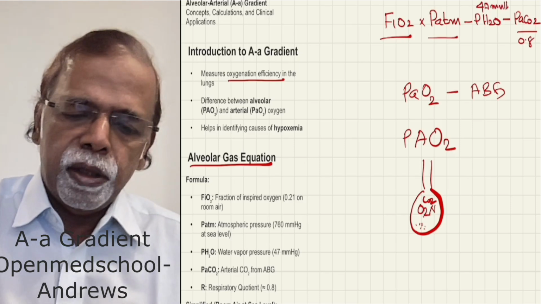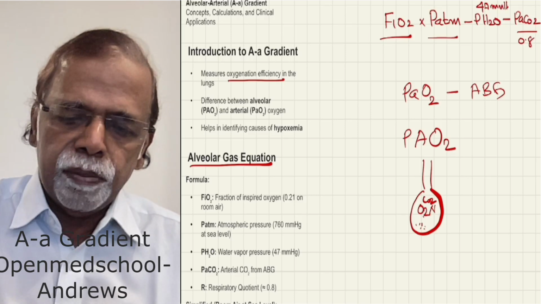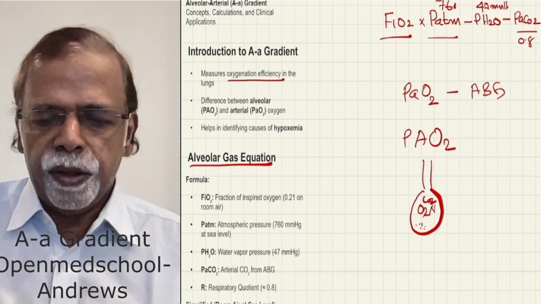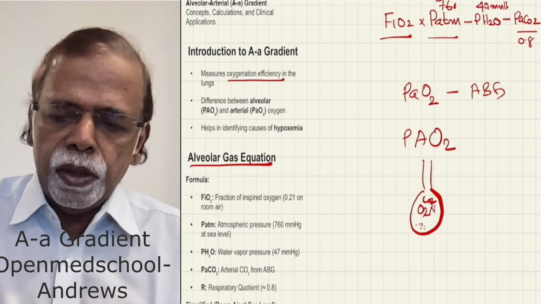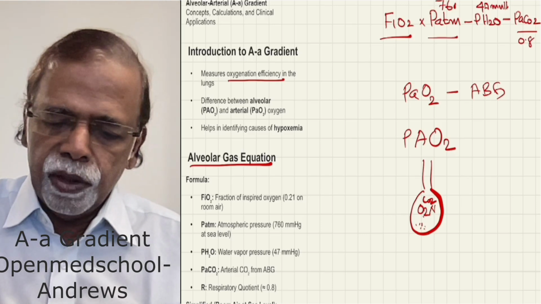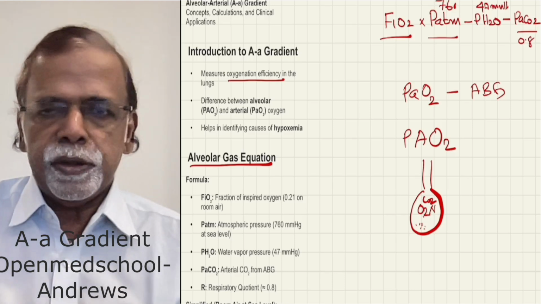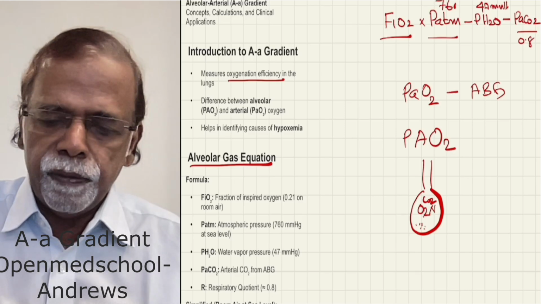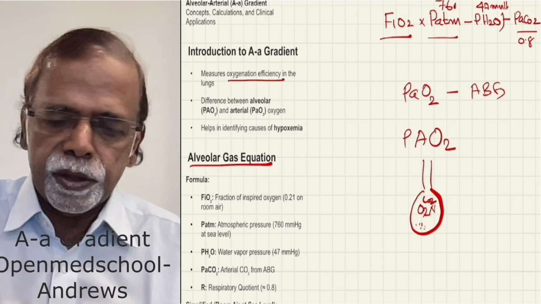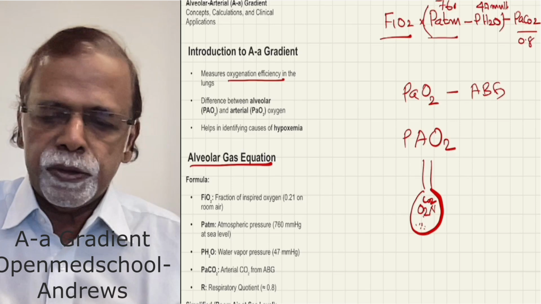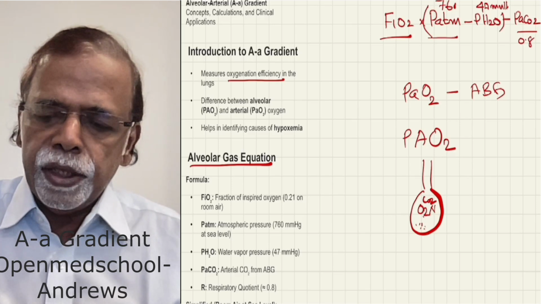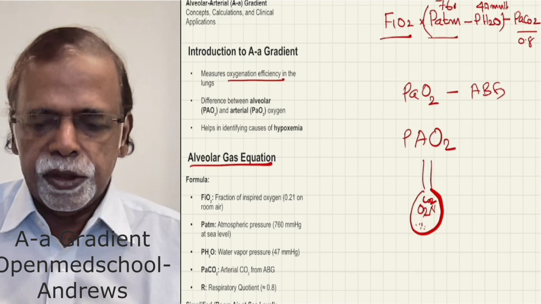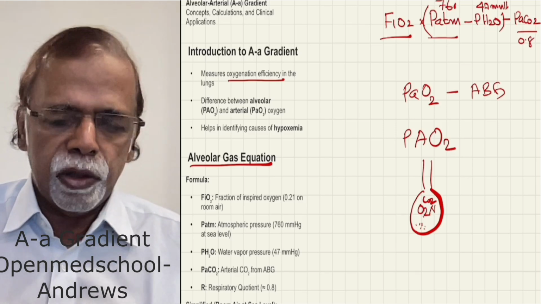And at normal sea level, the atmospheric pressure is 760 millimeters of mercury. And the alveolus contains carbon dioxide, and you have to subtract this carbon dioxide pressure, so PaCO₂ divided by the respiratory quotient.